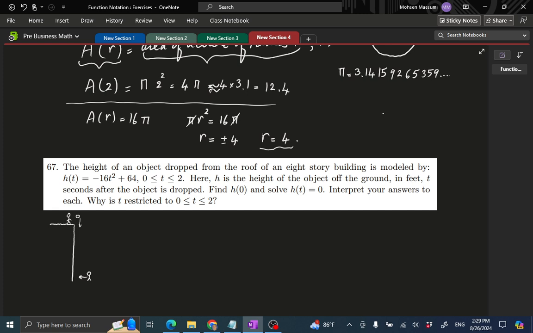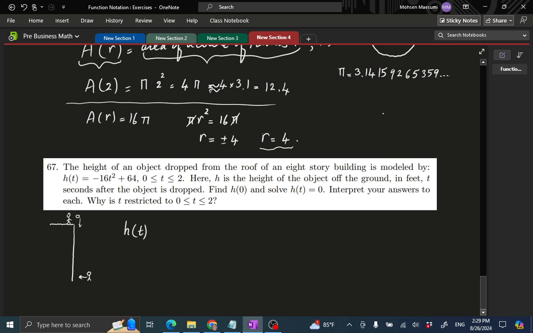So this is one of the early examples of the development of mathematics several centuries ago, when Galileo and others were studying how something falls. So after many years, we have all these functions and everything that describe this to us. Here we have a height at time t.